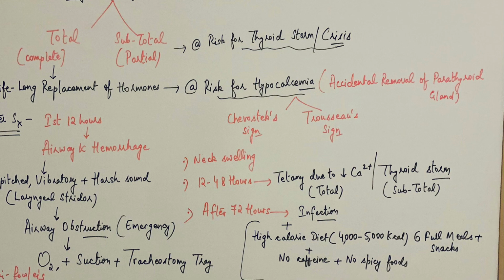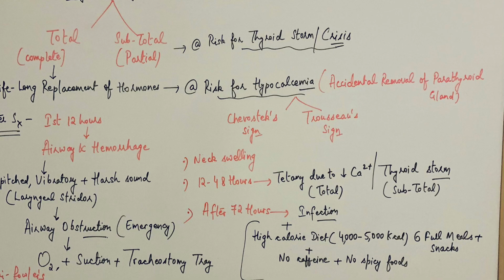Apart from these, the patient has to be provided with a high-calorie diet, at least 4000 to 5000 kilocalories, because the patient has hypermetabolism in hyperthyroidism. The diet should be rich in carbohydrates, proteins, fats, minerals and vitamins.